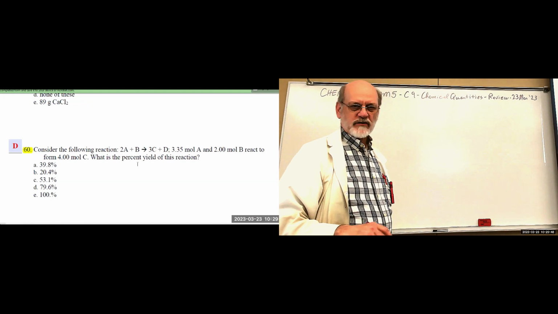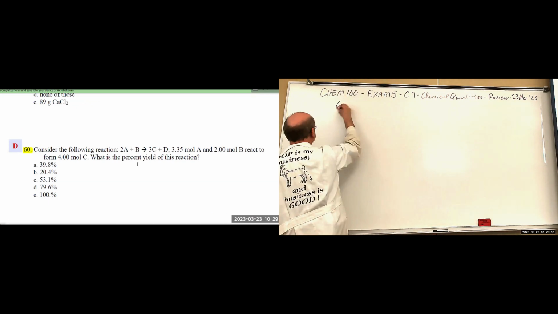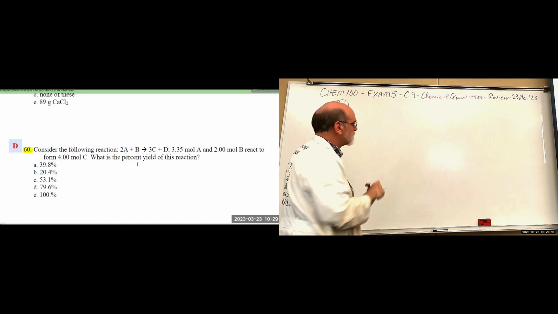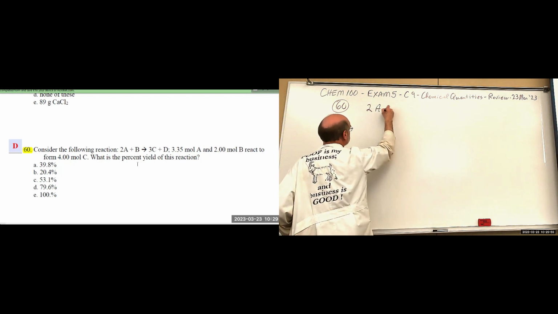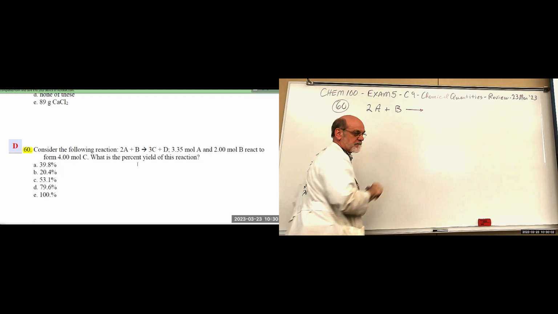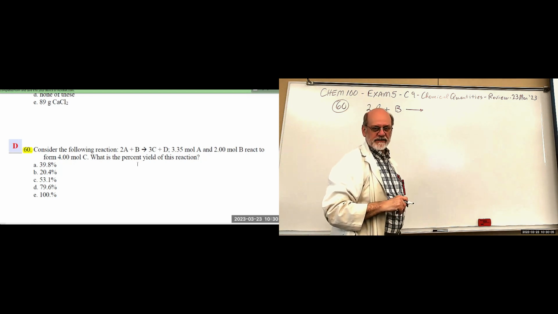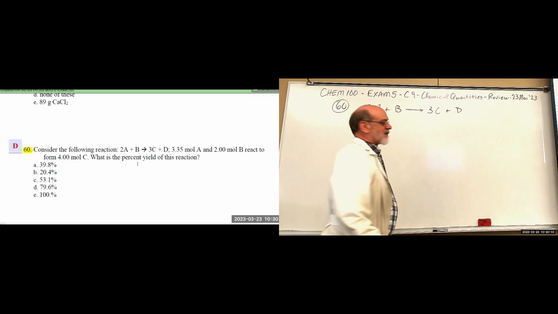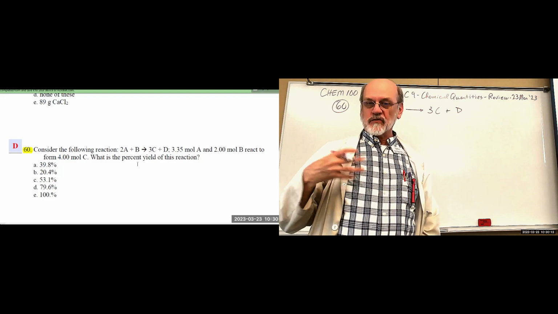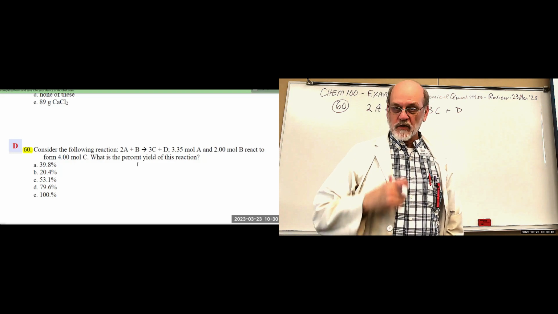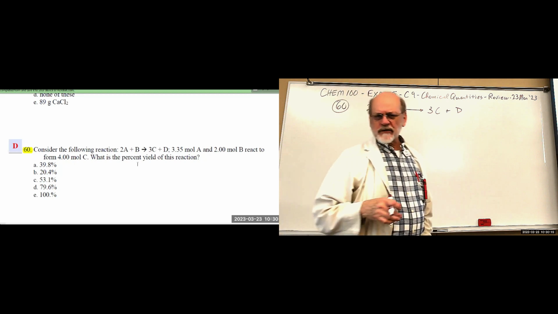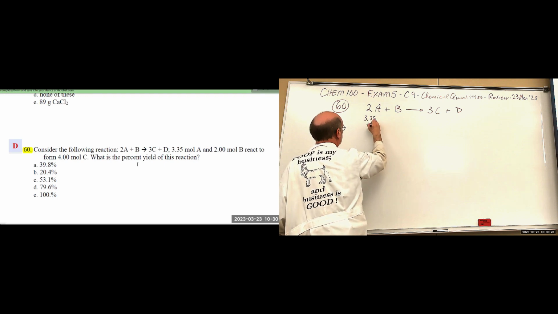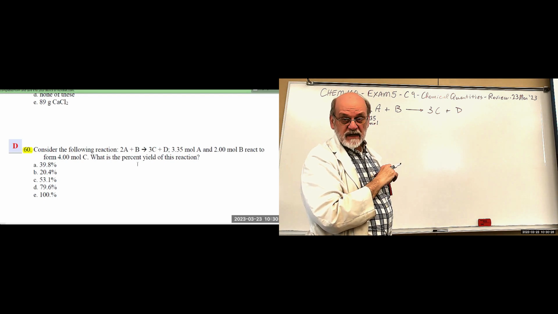Consider the following reaction, number 60. 2A plus B yields 3C plus D. Obviously, these are not real compounds or real elements, so we're working hypothetically. So we're given 3.35 moles of A and how much B? 2 moles of B.